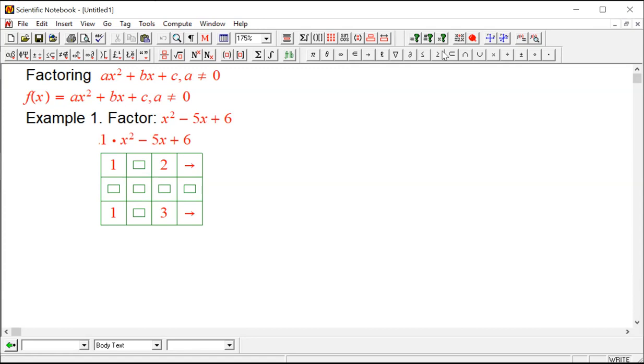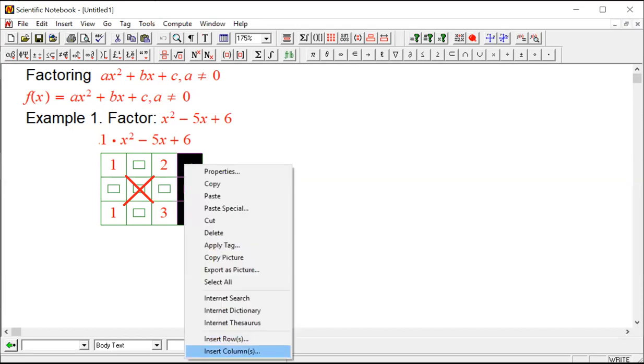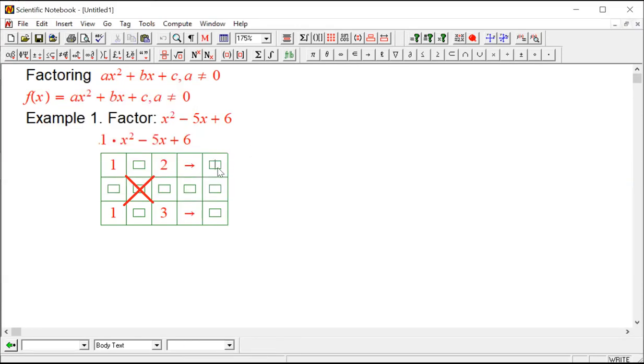You can do this on paper very easily. What it does is we multiply these two numbers and we multiply these two numbers. So 1 times 2 equals 2, and 1 times 3 equals 3, and we add these two numbers.